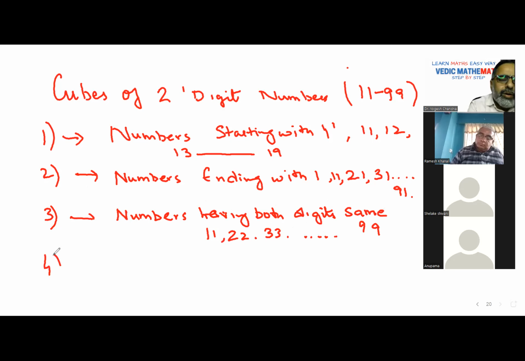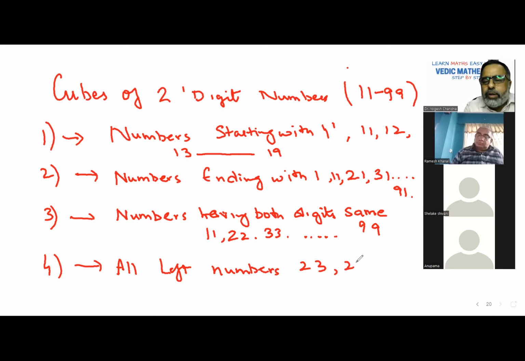Fourth, all left-over numbers. So what are all the left-over numbers? Like 23, 24, 25, up to 97, 98. Any question in this? If you want any clarification?